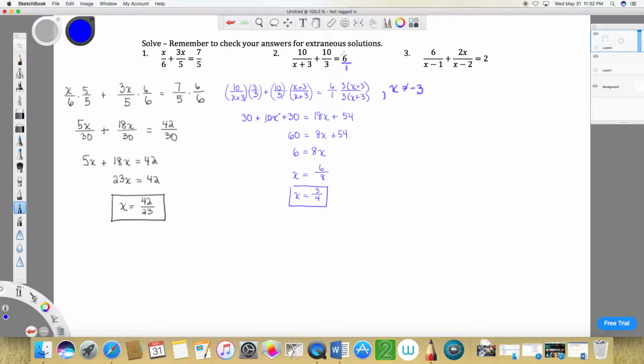So when I'm checking for extraneous solutions, I'm sorry, I should have mentioned that right away, that when I saw that variable in the denominator, make the comment that, hey, x had better not be -3.